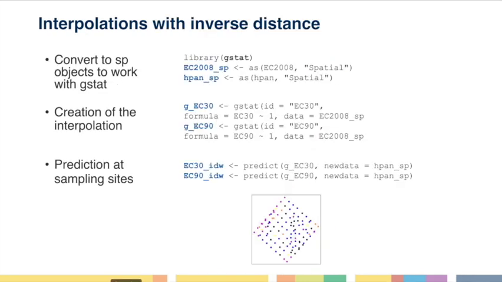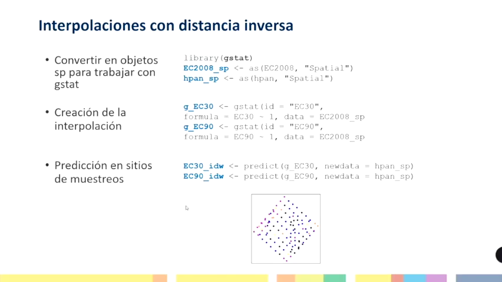What this method does is get an average of the values that are close, in the same way that we did with the buffer, but we're going to give a different weight to every observation. The observations that are closer are going to have more weight compared to those that are further. So this gives us another average.